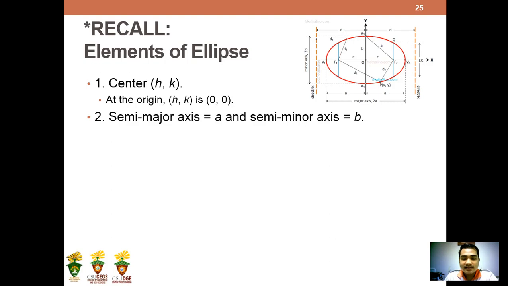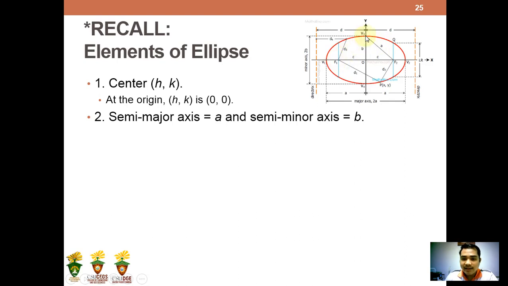Semi-major axis is denoted as a small letter a. In this figure, from the origin padulong sa one of its vertices. So kani ang iyang unit is a, it's because kung naadto ang point, kung naadto ang focus, a gihapon na siya kay from V3 pod padulong diri sa F1 is also a, di ba?